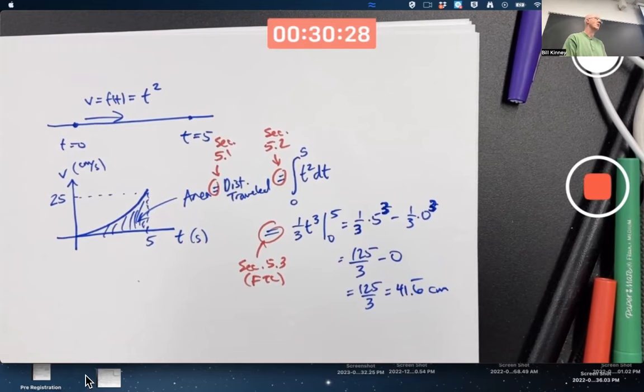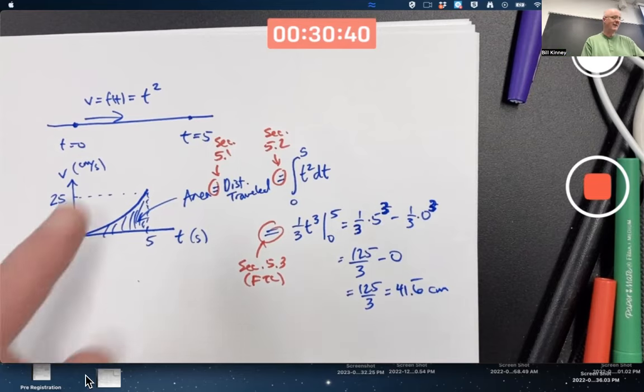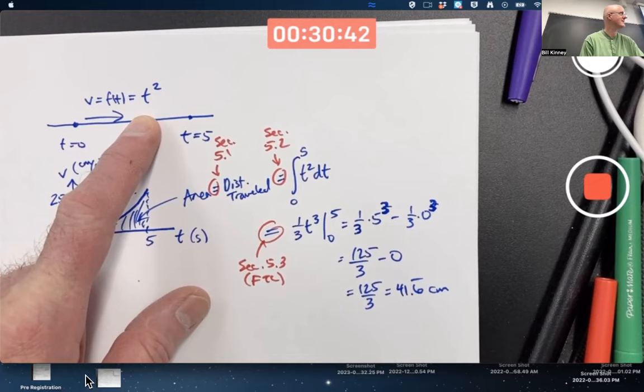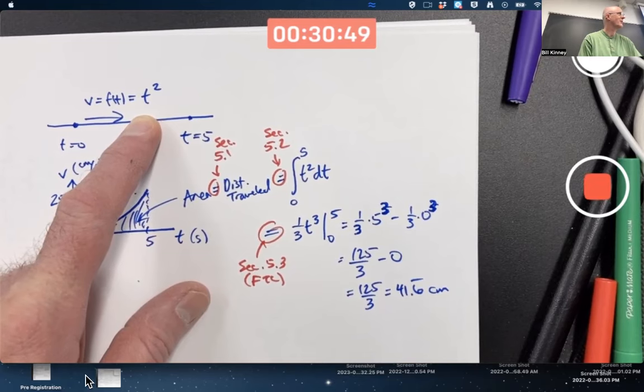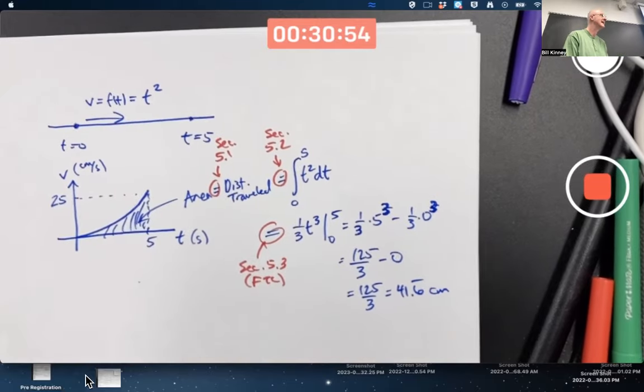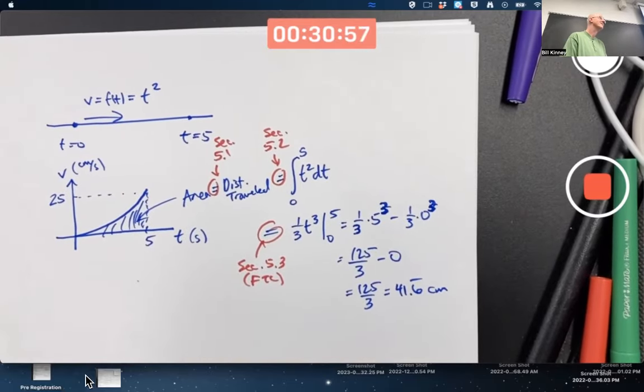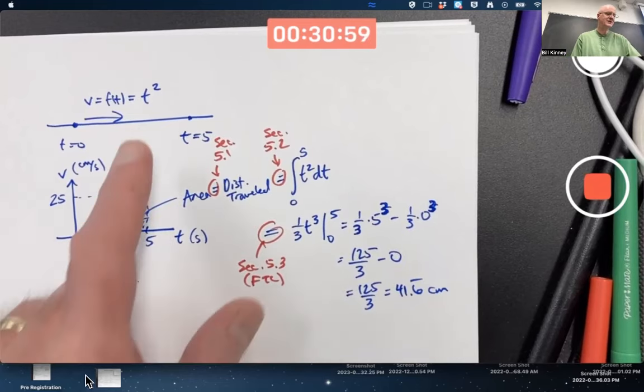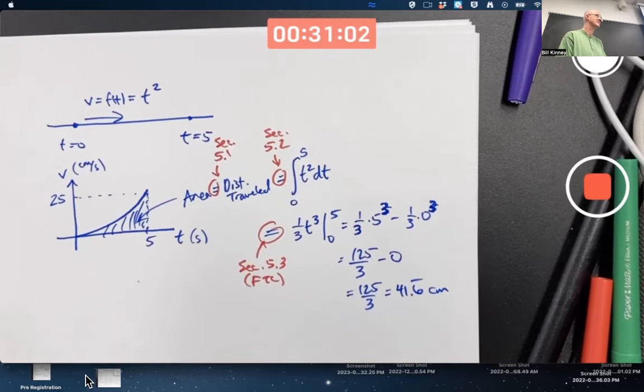Of course, you don't want infinitely many significant digits in a real life problem. You'd want to round that. 41.7 centimeters, maybe. Of course, another issue is why would a bug travel with exactly that speed, t squared, right? No bug would do that. Real life is more complicated than simple functions like this. However, we can often use simple functions like this to approximate real life data.